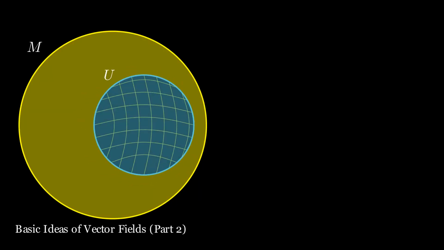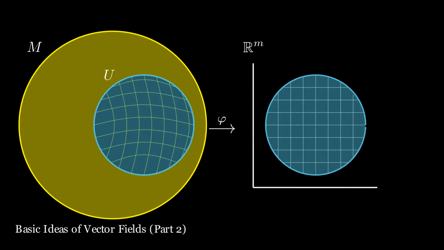Second, where do vector fields grow out from? They are defined on what's called a C^r differentiable manifold, M. Let's assume that M is a smooth manifold of dimension m. This means that for any point P in M, there exists an open neighborhood, U, around P, on which all derivatives up to order r are continuous, and U can be smoothly mapped via the coordinate map, phi, to an open subset of the real vector space, R^m.